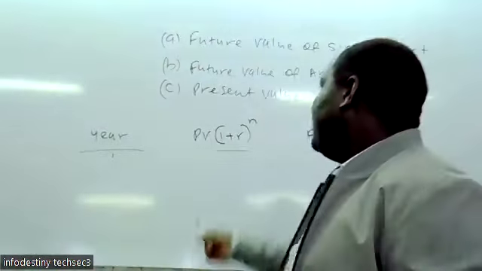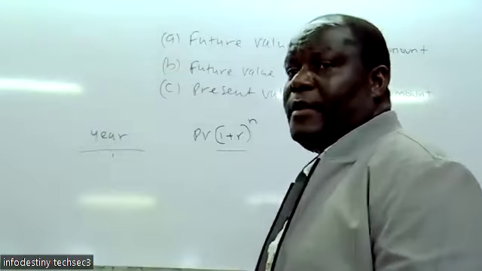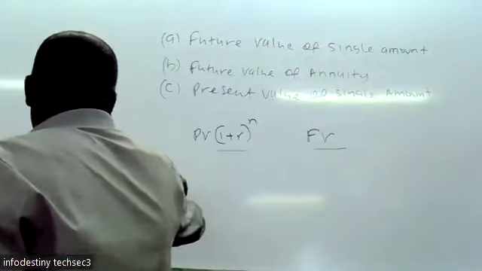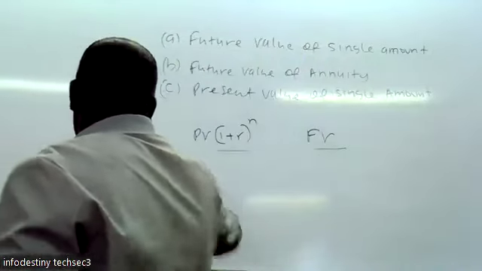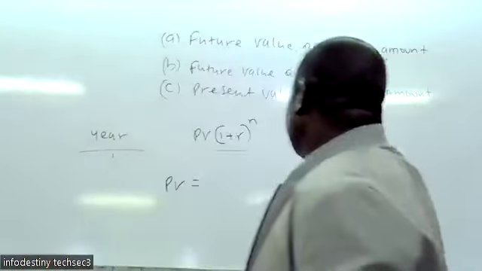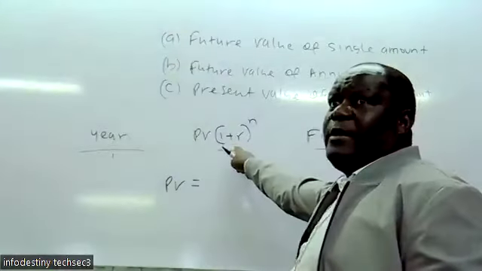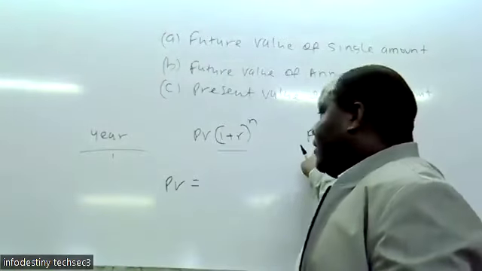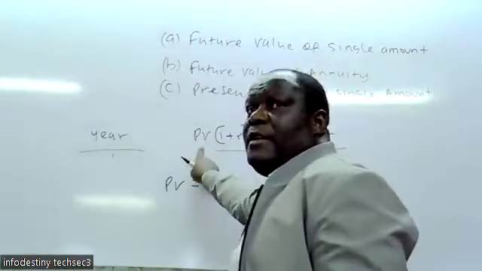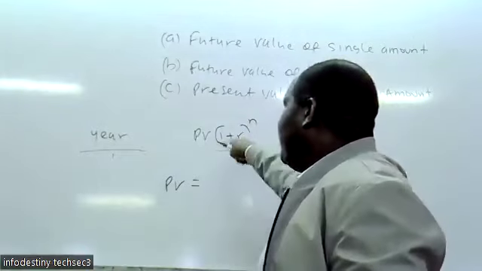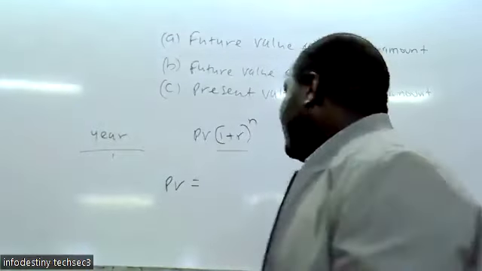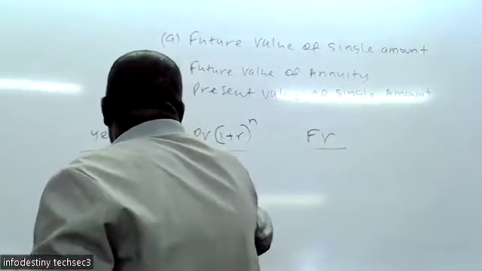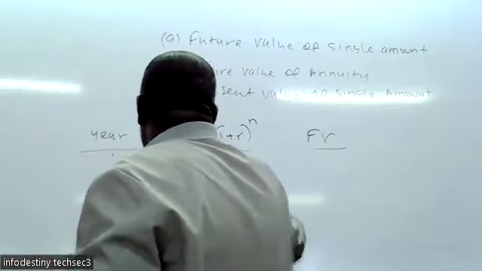So I want to make this one to be the subject. So if I make that to be the subject, to get the present value, you simply take this future value divided by this, because when you multiply this by this is when you put this. So now if I want to get this, I simply take this one divided by this figure in brackets. So it will be equal to the future value divided by 1 plus r raised to the power of n.